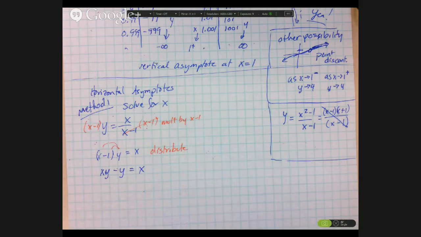We still have a couple more steps to do, because there's still a couple of x's hanging out.